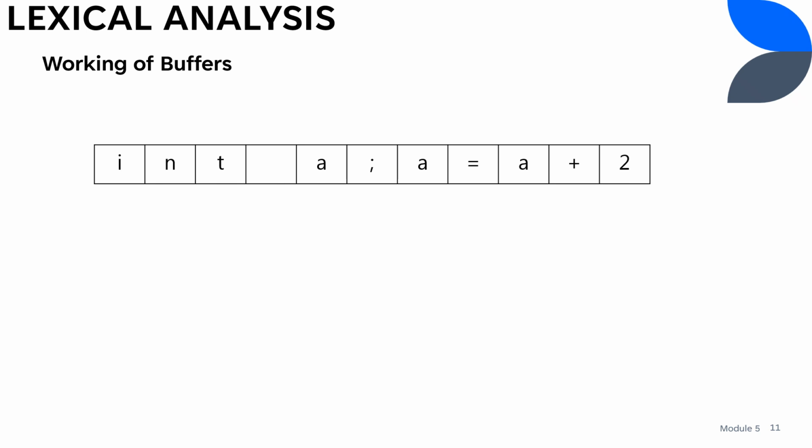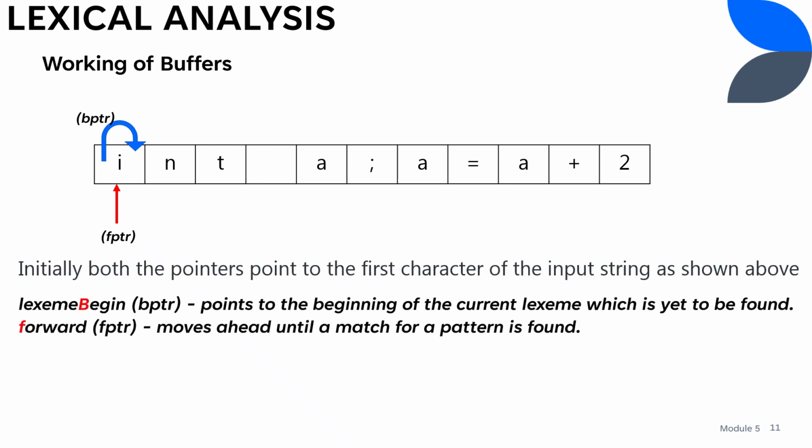Now, to read these characters, the lexical analyzer uses two pointers. One is the F pointer and another is the B pointer. The F pointer is known as the forward pointer and the B pointer is known as the lexeme begin pointer. Initially, both the pointers will be pointing to the first character of the input string.